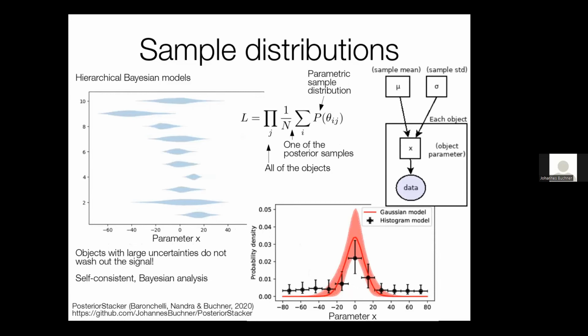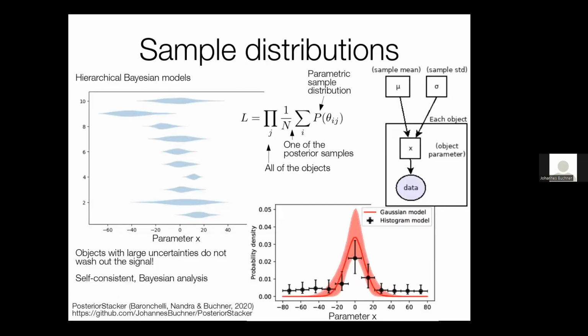You sum within each object, and you multiply across the objects. You sum because one of these posterior samples is the true one, and you multiply because this assumption has to hold for all objects. All objects have to follow the sample distribution. Okay, so it's a very simple operation, summing and multiplying.